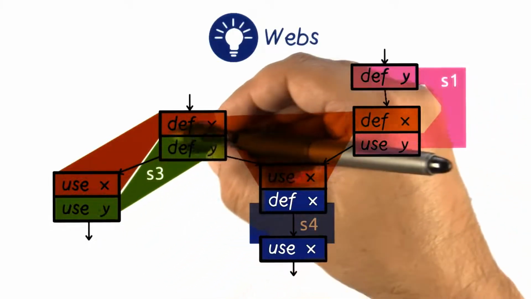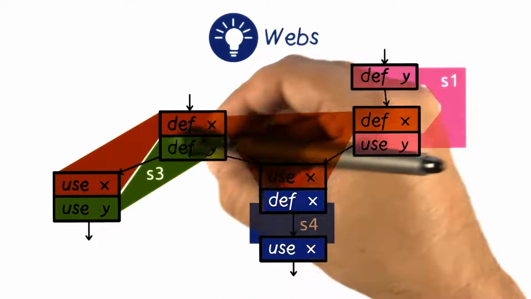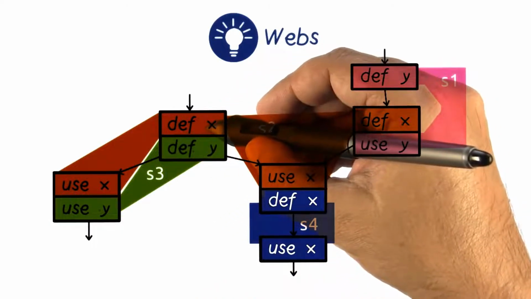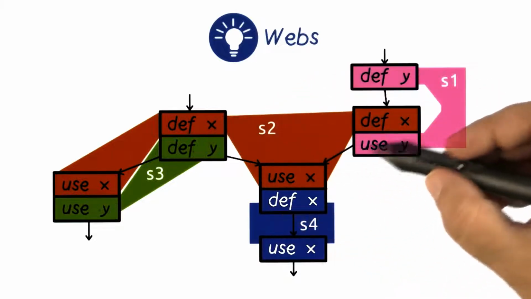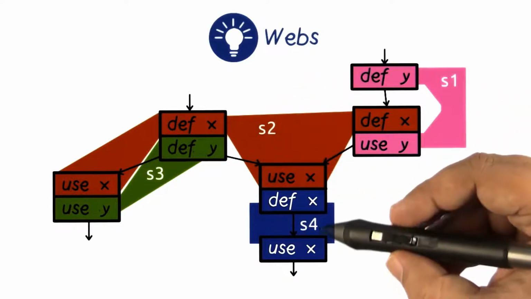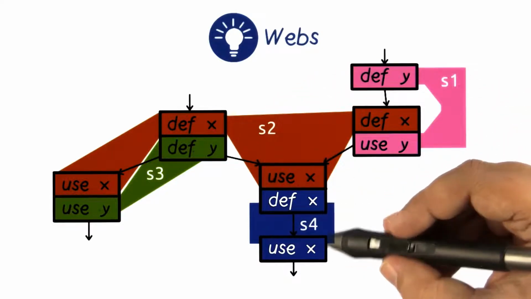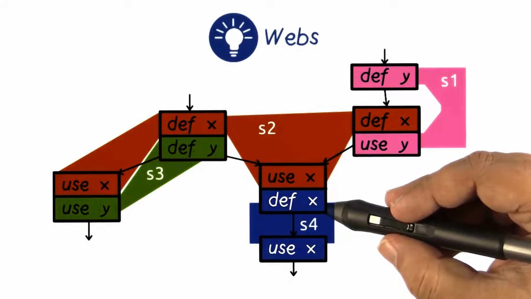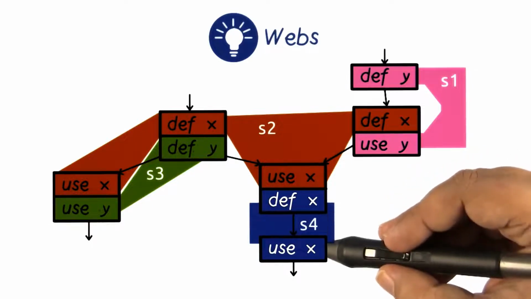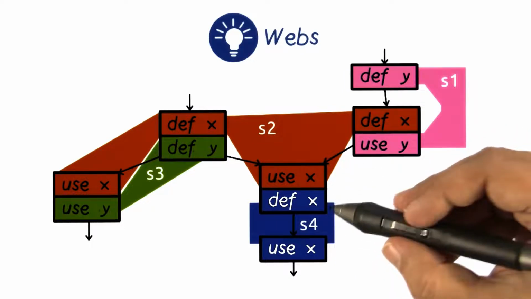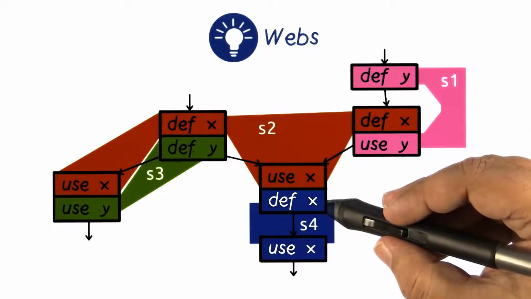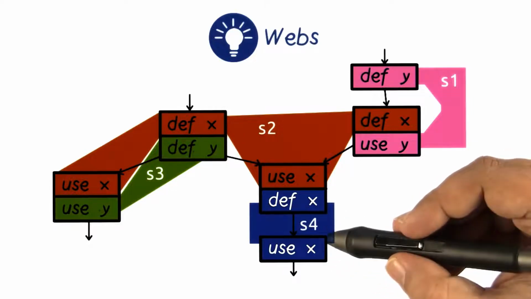So you can see that unlike y, we have a big giant web of x's because this definition and those uses are all tied together. You can also see that we have another web here for x because those definitions and uses are separate and they are not tangled together with the earlier ones. You can see that this definition of x only reaches that use of x.